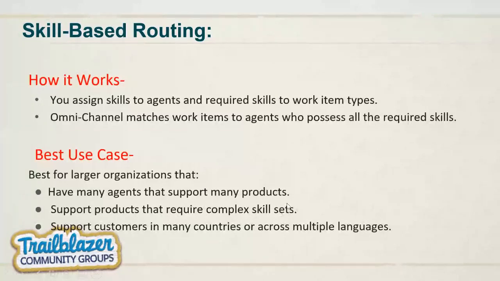That means we have n number of skill sets. Customers are in many countries or across multiple languages. If I say many countries, that means there are multiple languages. And if I say multiple languages, that means there can be n number of skills. Like skill 1 can be English, skill 2 can be German, skill 3 can be French. So this means there are multiple types of skills.